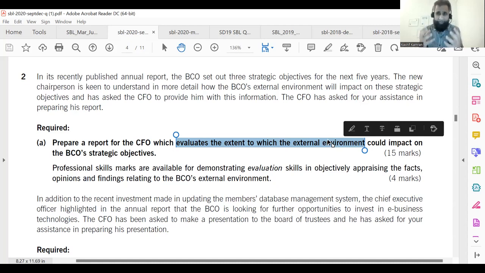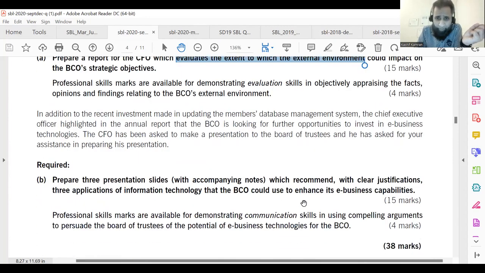So you are very clear here that yes, external environment, that's a picking word, and you go down with it. Key factors which enabled a company to be successful in the home country: picking the Porter Diamond for some students will be easier, for some it will not be. But even in this question, probably because students are well prepared on the external environment area, they pick up, okay, the external environment is the PESTLE. So in the case study, we need to evaluate the PESTLE and its impact on the business objectives. I think that's quite easy to pick up that the model will be applied here.